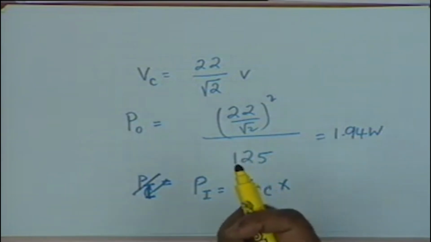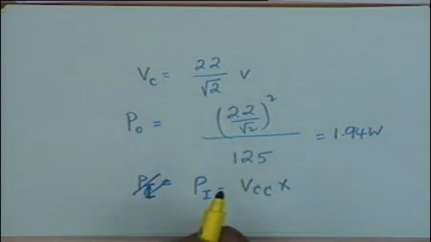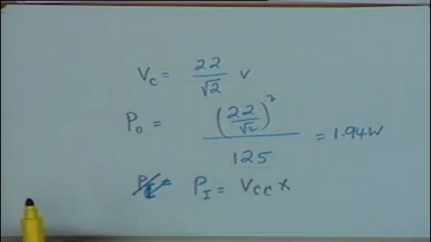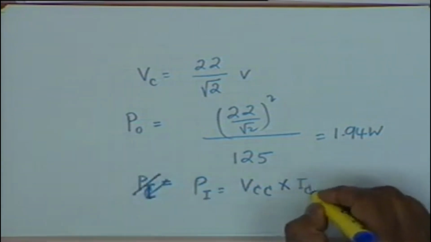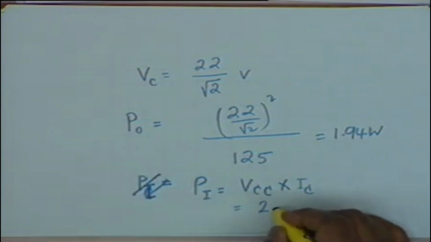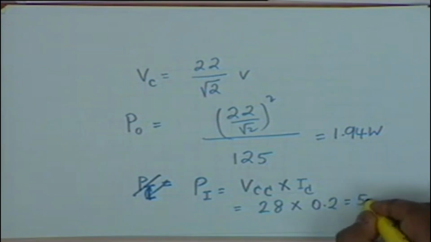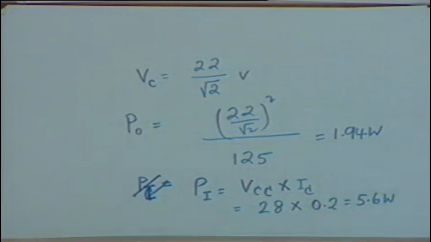Well, from the battery is drawn a current for the collector circuit and also for the base circuit, but the base circuit current is much smaller compared to the collector, and therefore it is simply multiplied by IC, which will be equal to 28 multiplied by what is IC? 0.2. This is equal to 5.6 watt.